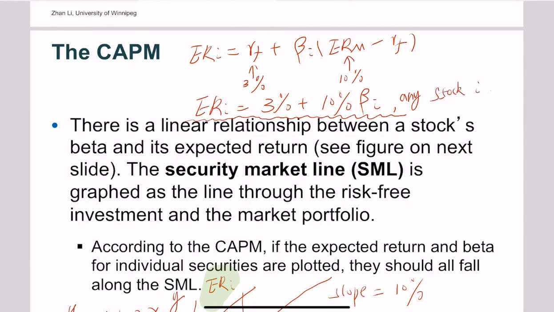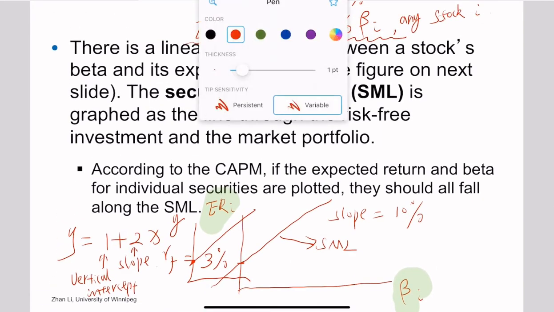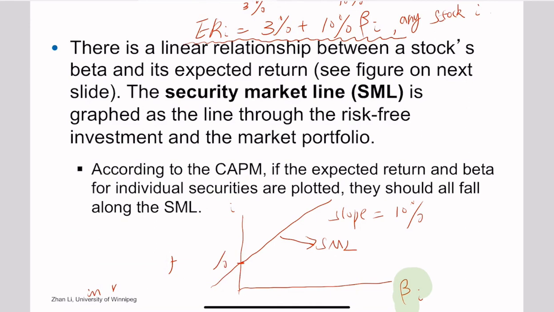This implies that if you're looking at different equities, say Air Canada, then maybe it's here. If you're looking at Delta Airlines, maybe it's here. If you're looking at Apple, maybe it's here.